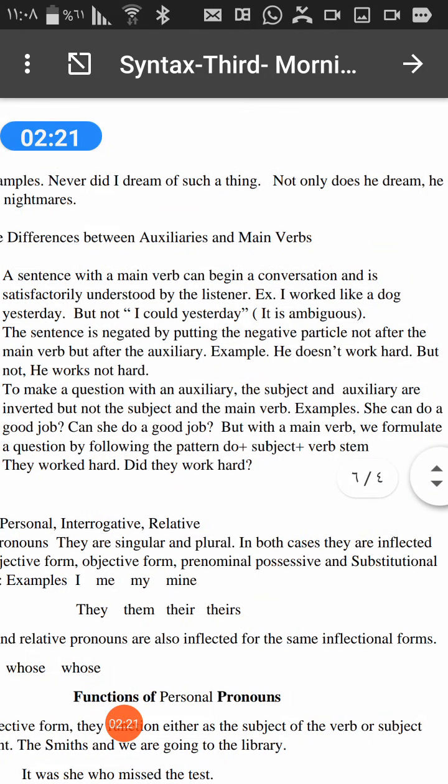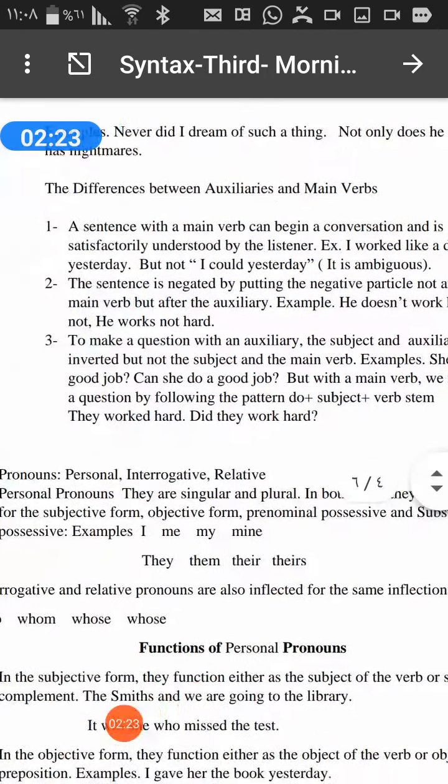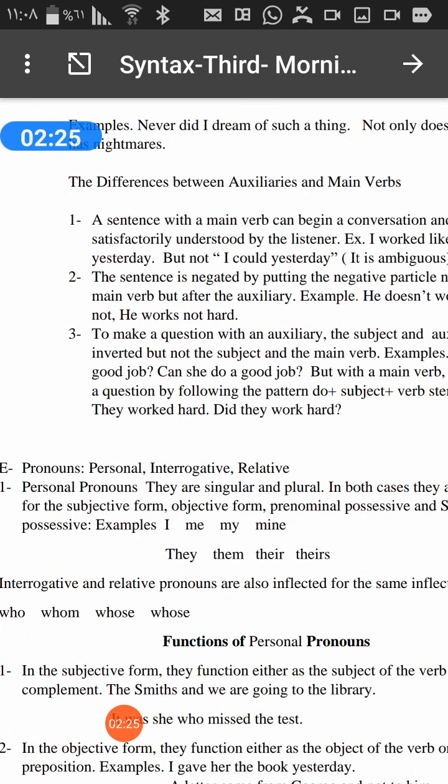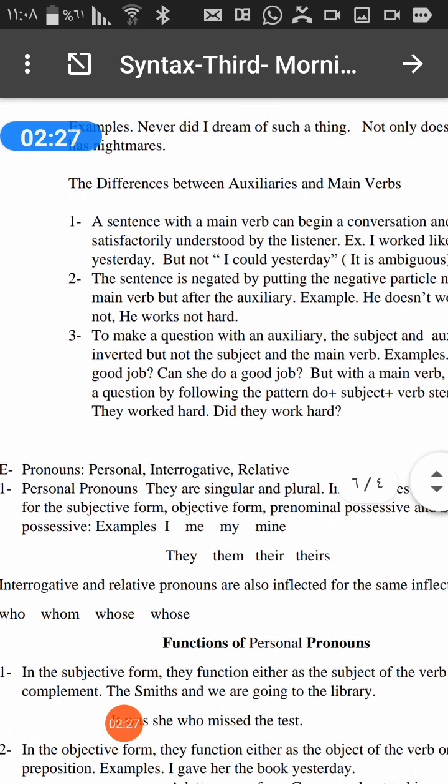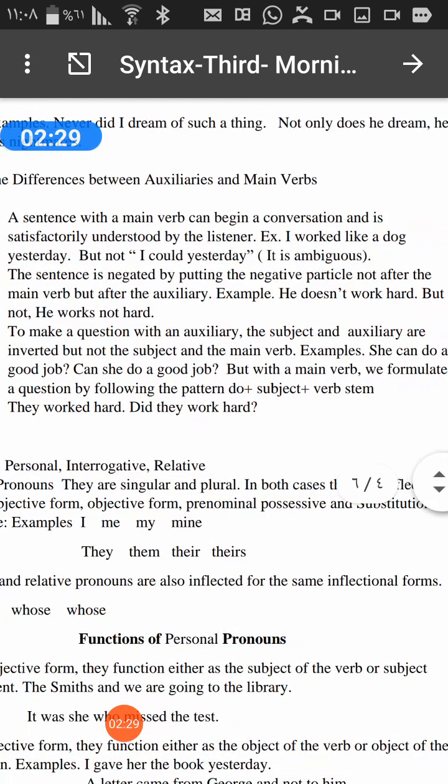The sentence is negated by putting the negative particle not after the main verb ليس بعد الفعل الرئيسي but after the auxiliary. يعني عادة how to differentiate between the auxiliary and the main verb.